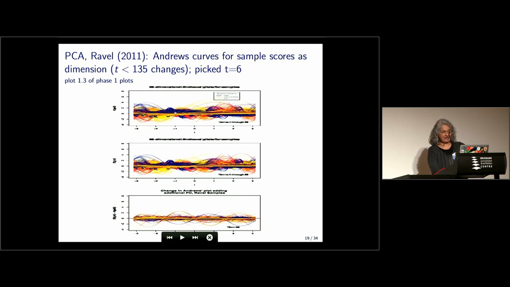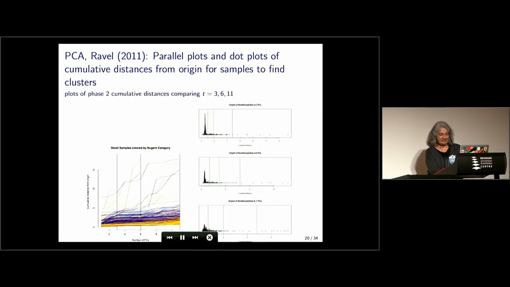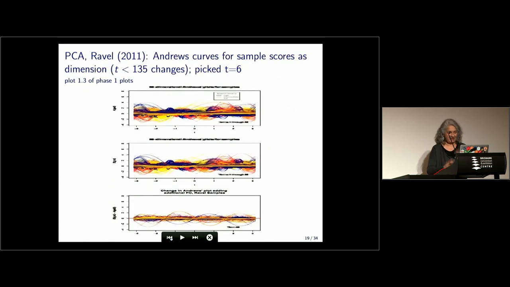So basically, we have Andrews curves at a higher dimension, less than that, and then down here is the difference between the two. We cycled through these, and the variation that you see down there, by about 6 or 7 for the dimension, it basically just looks like sines and cosines.